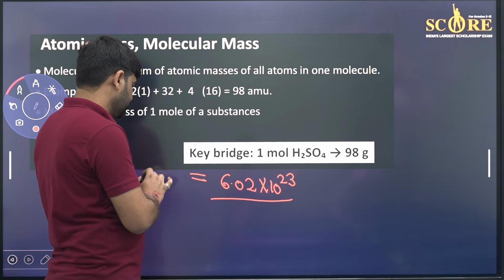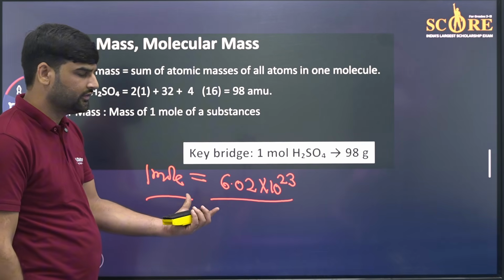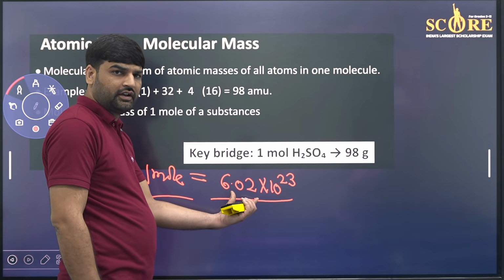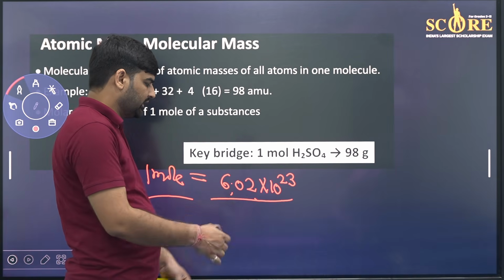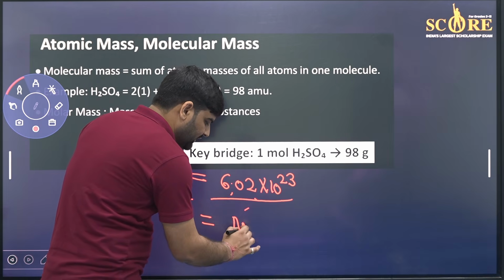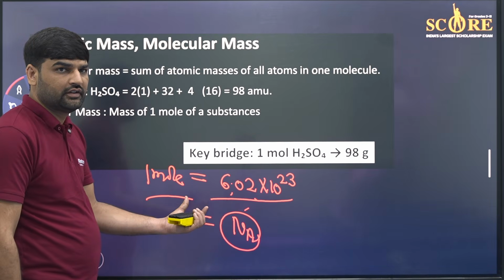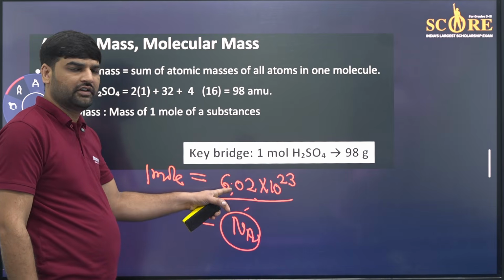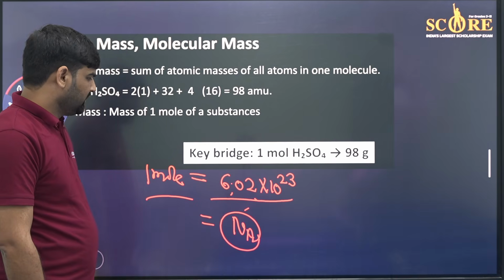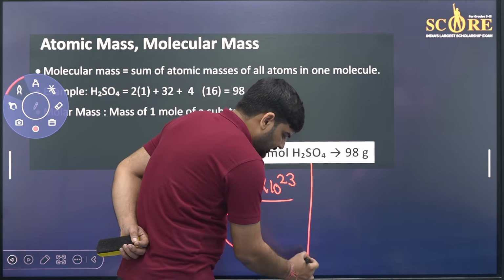This number is known as 1 mole. If I have this number of atoms, this quantity is also known as Na. Na is the symbol for this, and we know this number as the Avogadro number. Now let's talk about some examples.